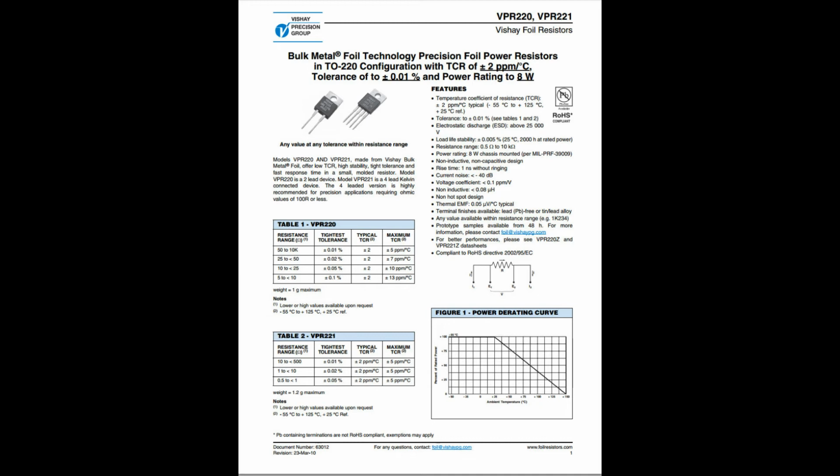Such resistors are used for calibration of DMMs or other resistance measuring systems, and I will show you some examples for them. They can also be used for calibrating temperature measuring systems which require Kelvin probes.